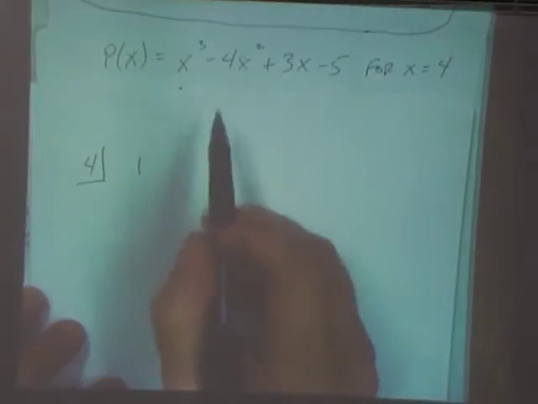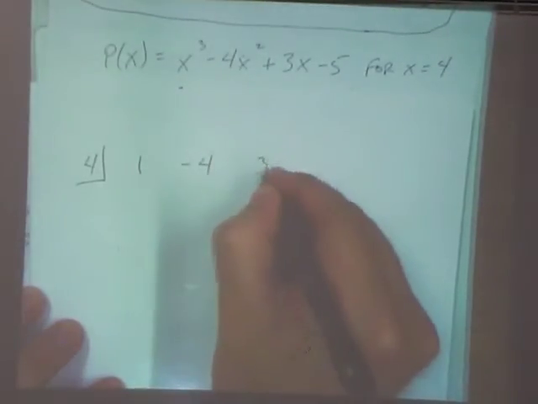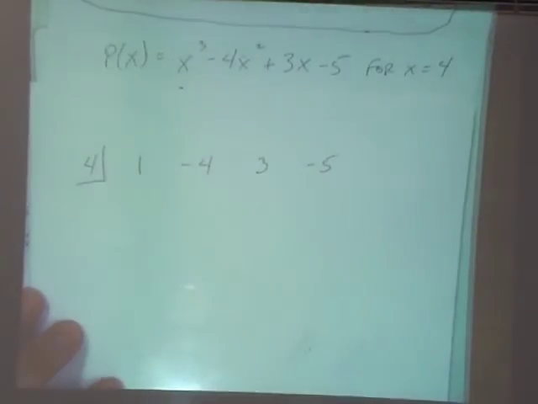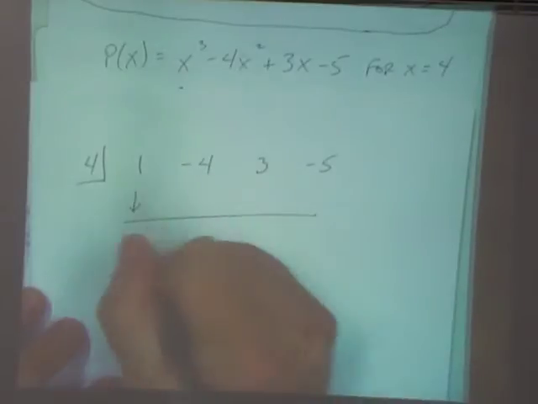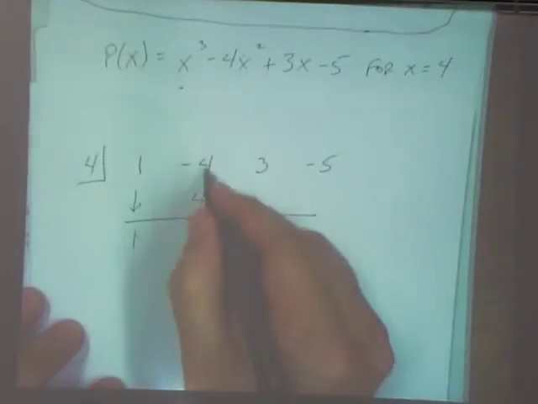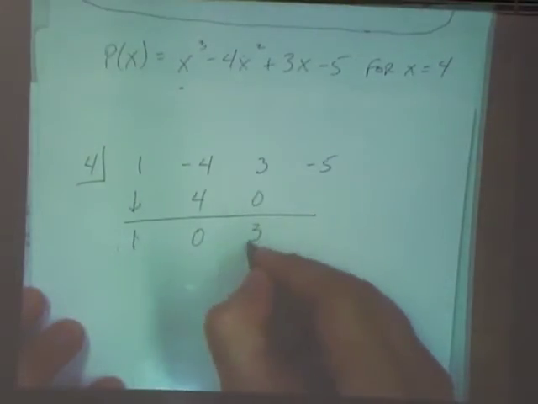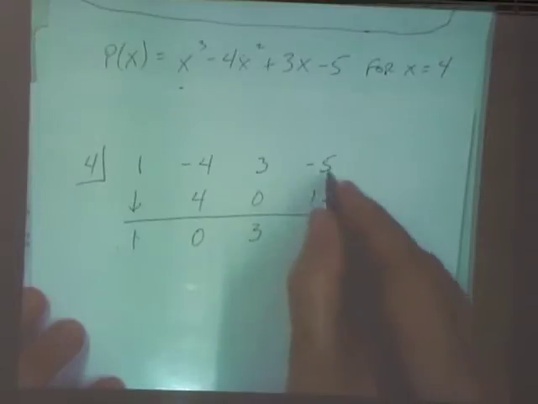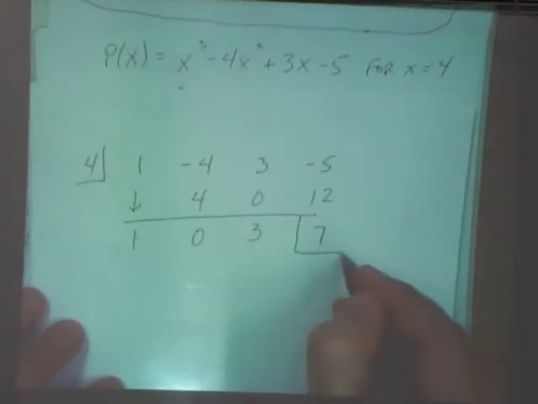Bring down our coefficients, making sure we're not missing any. 1, 0, -4, 3, and -5, so they're all there. Bring the first one down. Multiply and combine. Multiply and combine. Oh, look, there's our answer.